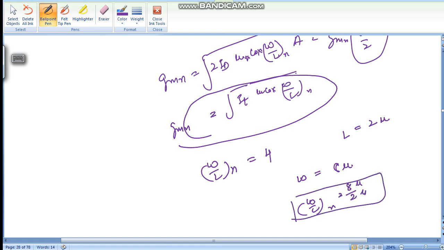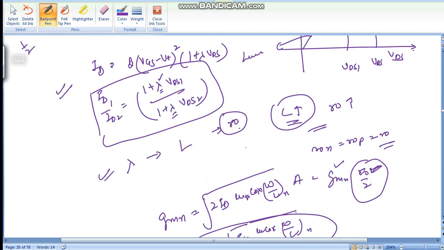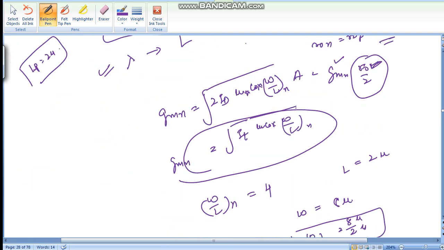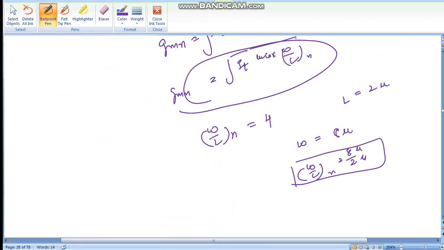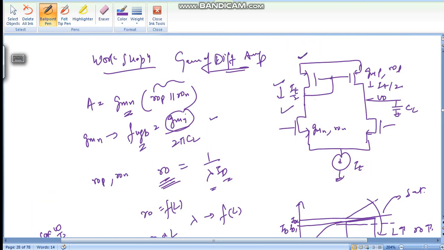Say from this experiment we find out length for PMOS also 2 micro. Now we have found the size of this NMOS and the length of PMOS. Now this is a current mirror, so if we are going to do Monte Carlo simulation where we want less offset, we will take the W by L ratio less, so that we have less mismatch in this current mirror.